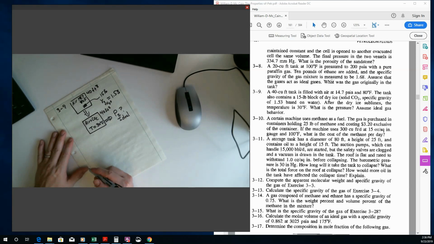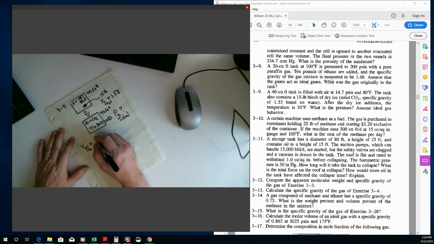So we basically have to calculate a few different things. Step one is the volume of the solid CO2. We know we got a 15-pound block, 15 pounds, and we're going to divide that by the specific weight, 62.4 pounds per cubic foot of water times specific gravity, 1.53.